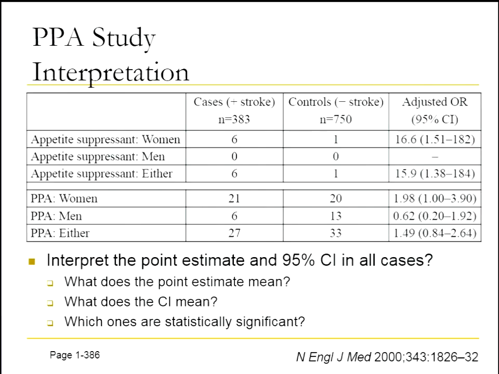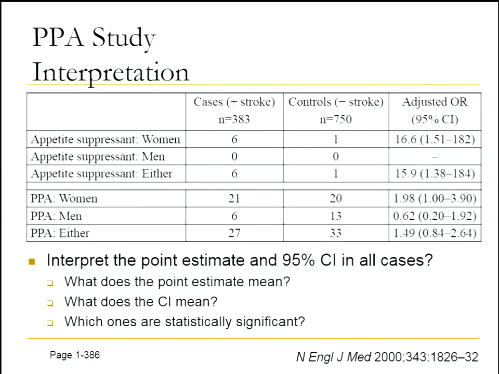So let's look at, again, a study, and the actual design of the study is not important. It's just the interpretation of what we see on a table taken from this particular study. This is a case control study that investigated the impact of phenylpropanolamine and the development of stroke in individuals who use this agent as an appetite suppressant. Published greater than 15 years ago in the New England Journal of Medicine, but still a classic case control type of study.